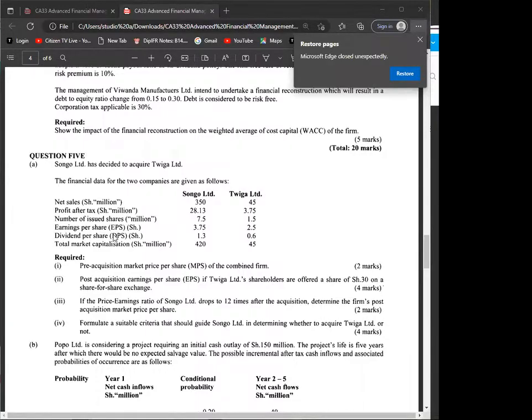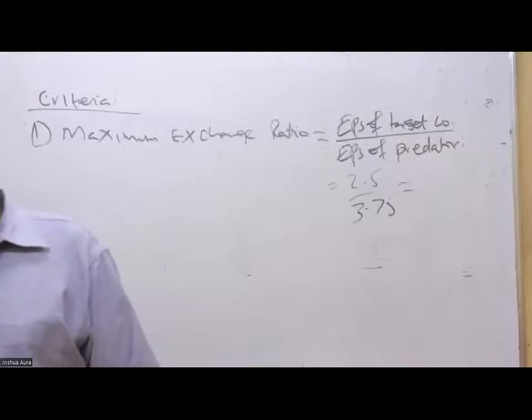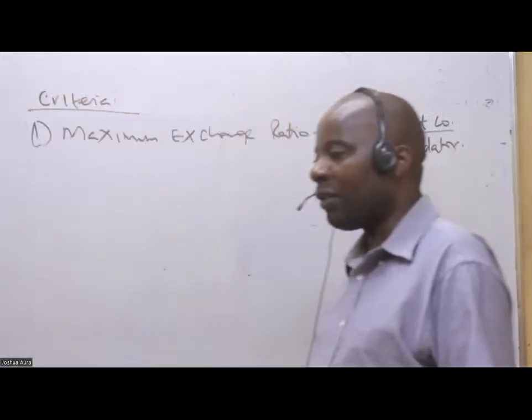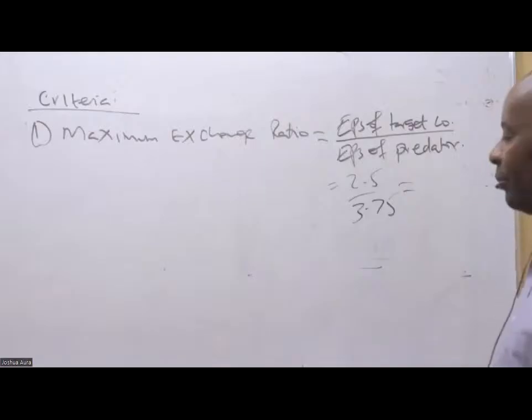The target company is Twiga. So you talk of 2.5 over 3.75, right? 2.5 over 3.75. In form of a fraction, what do we have here, somebody? Using your calculator.